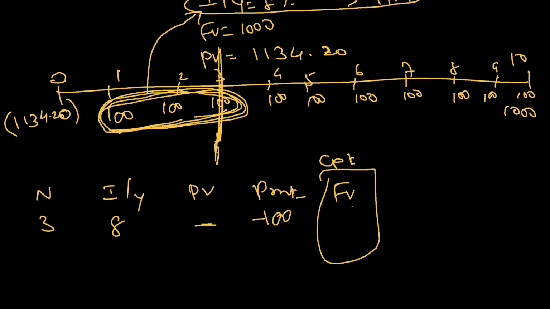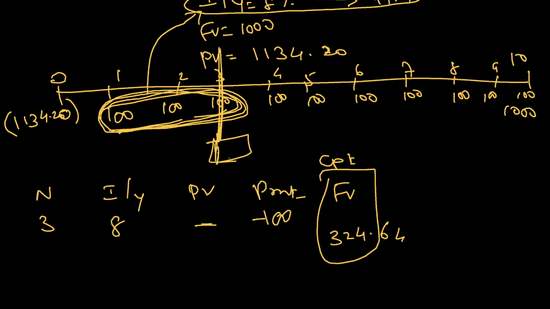So 3 N in my calci, 8 IY, then 100 as minus payment, compute future value, it comes to 324.64. So I'm going to get 324.64.